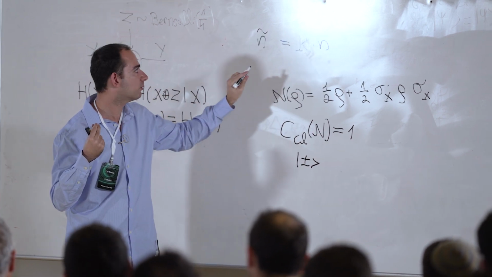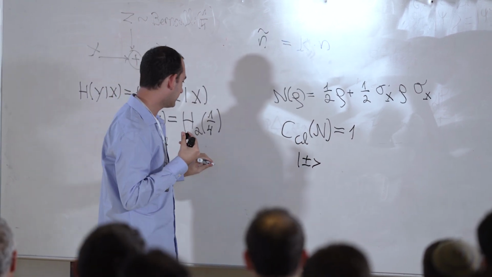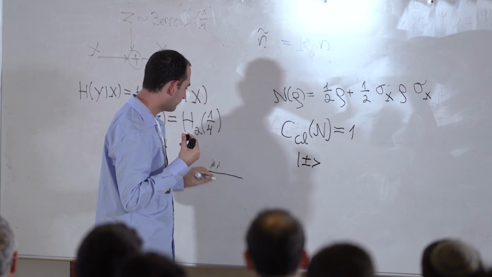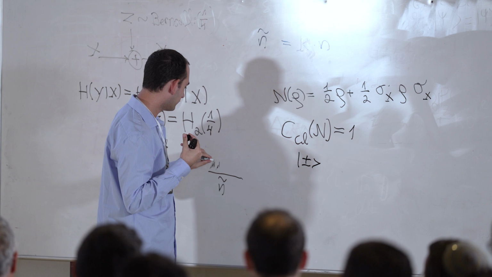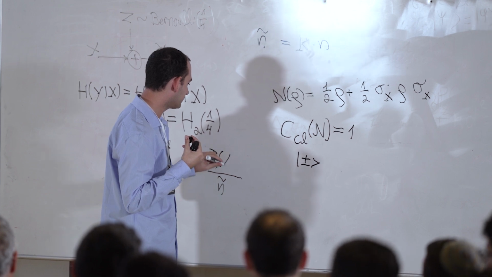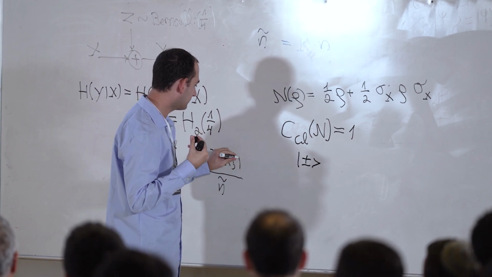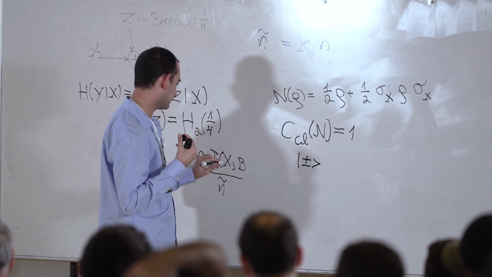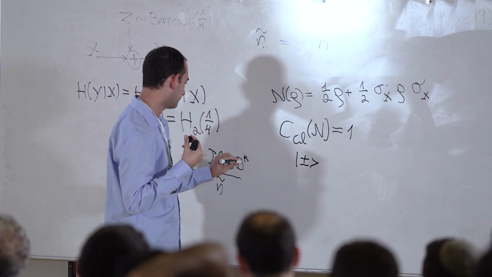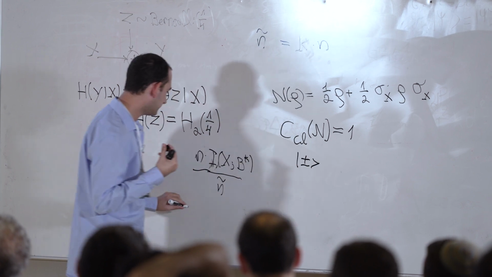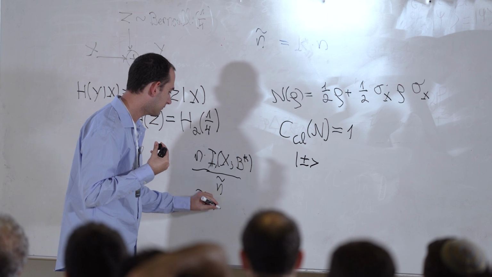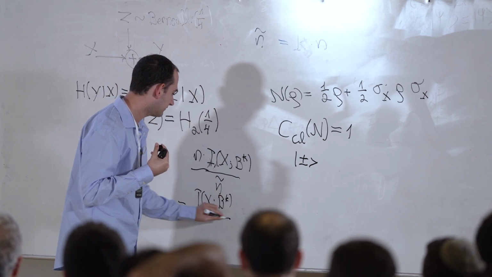So when I check the rate, I need to divide by n tilde. If I can achieve the mutual information between X and B to the power of k, then the rate is just equal to the mutual information divided by k.